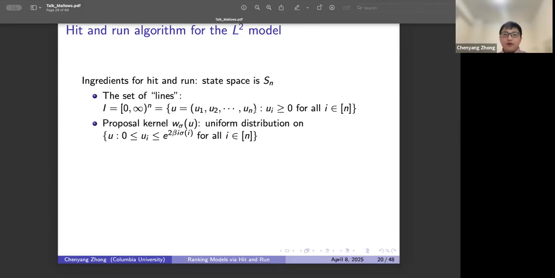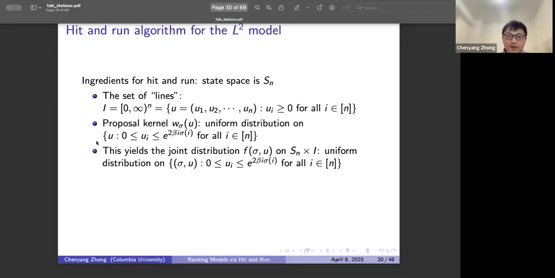And we are going to choose the proposal kernel to be the uniform distribution on this space. So this basically says that for each coordinate 1 up to n, we are going to sample ui from the uniform distribution on the interval from 0 to e to the power of 2 beta i sigma i.